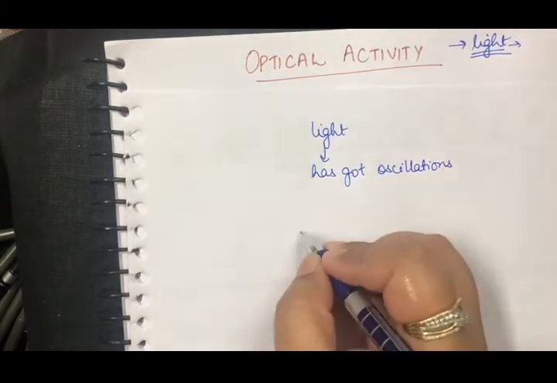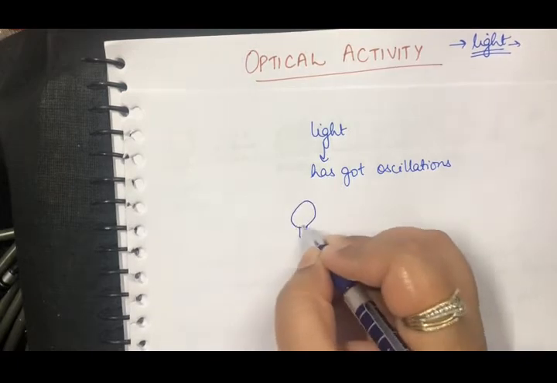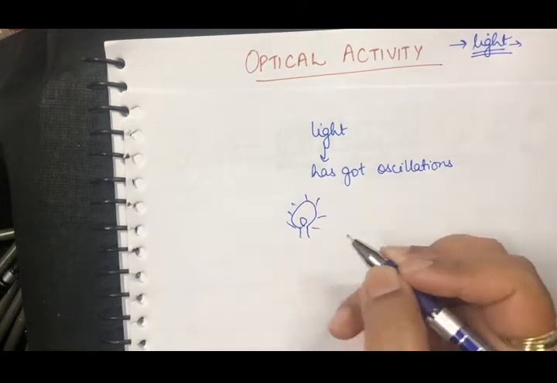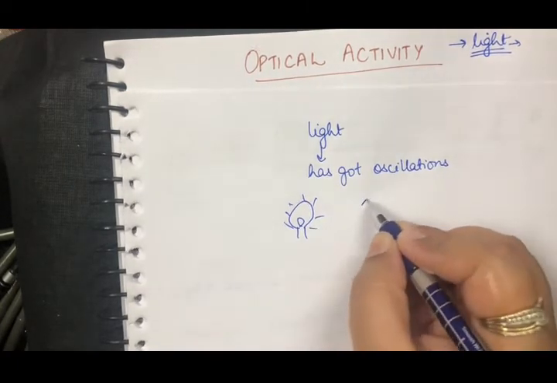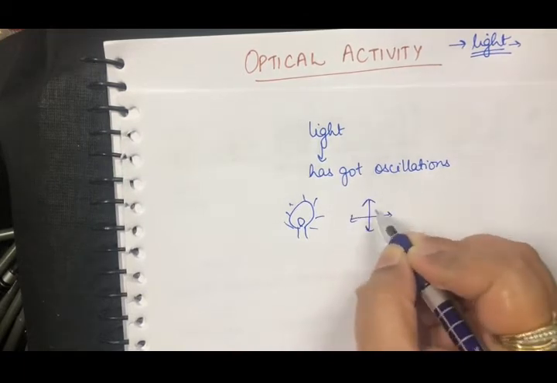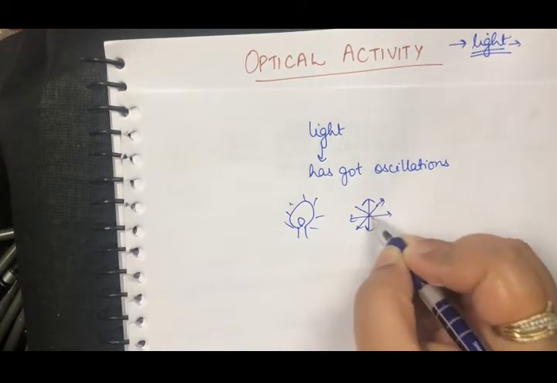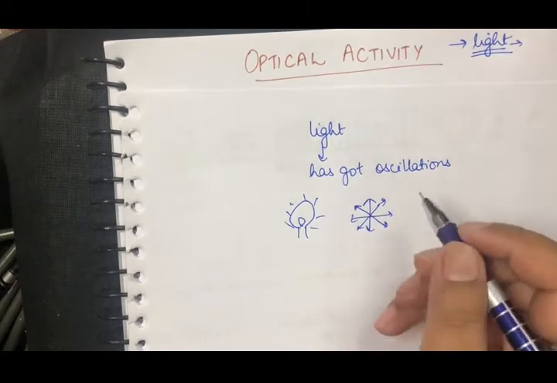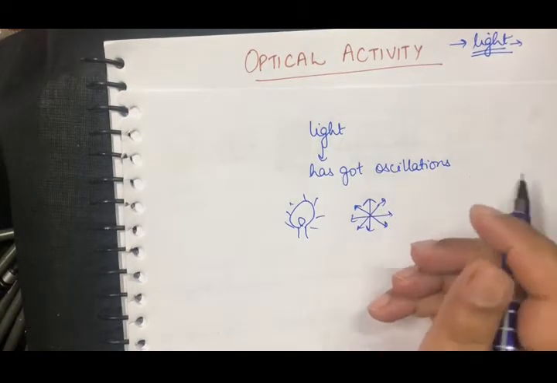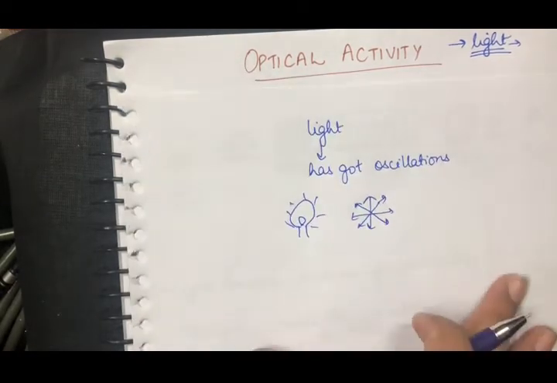Now if I talk about, let's say, a bulb, it is giving us light in all the possible directions like this, right? Horizontal, vertical, diagonal component, it is in all the possible planes that it can have.